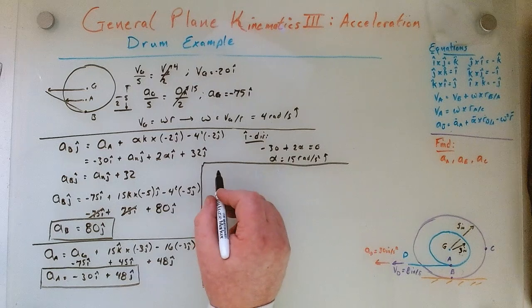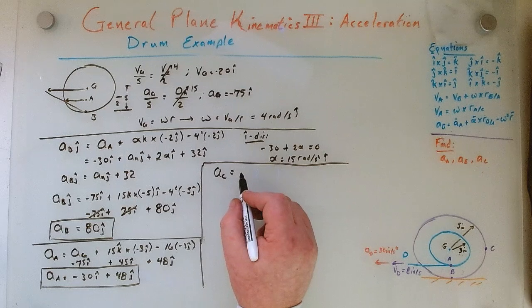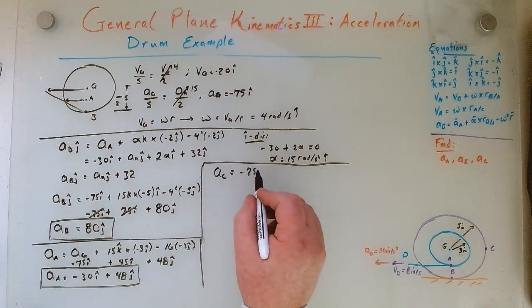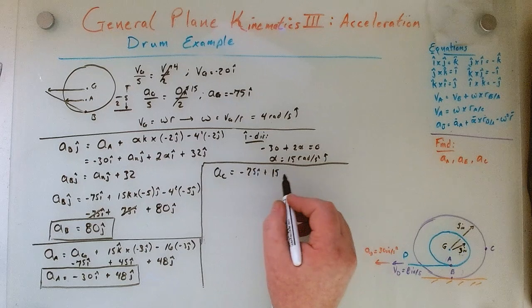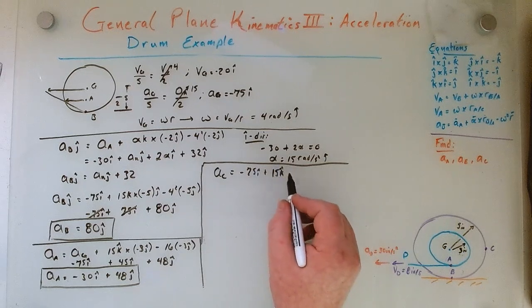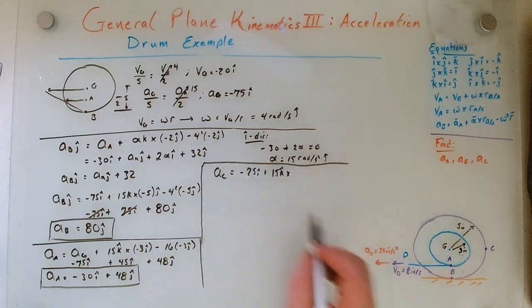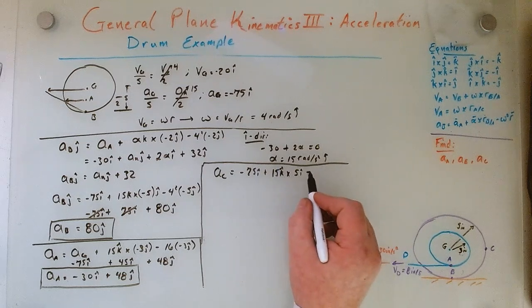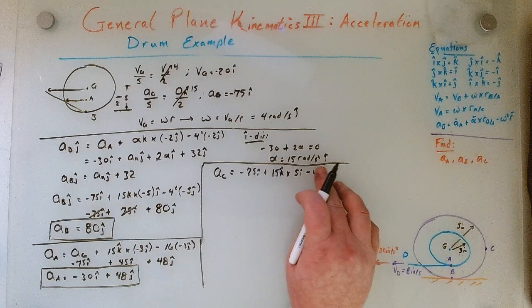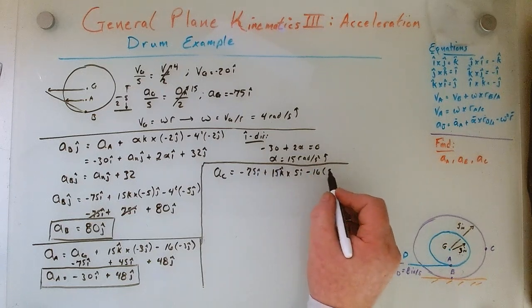So again, a sub C is going to be equal to a sub G, which we already know is minus 75i, plus the cross between alpha, which is 15k, cross with r, and r is 5i, and then minus omega squared, which is 16, times 5i.